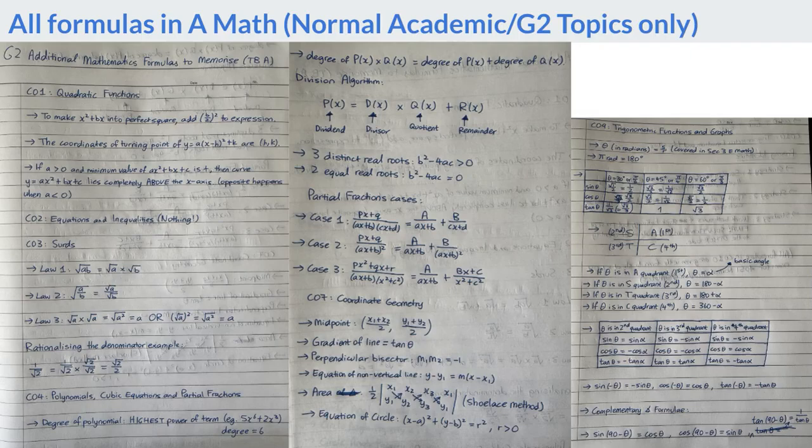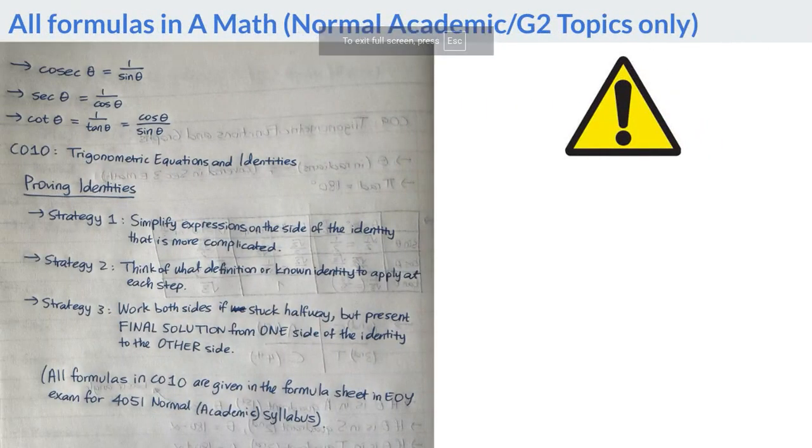And vice versa. Okay, the next one is about complementary angle formulae. This one you have to memorize on your own, because it relies on your memory work. Then the next one is all the special functions that you need to know. You need to know what cosecant theta is.